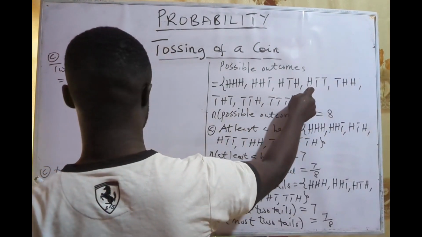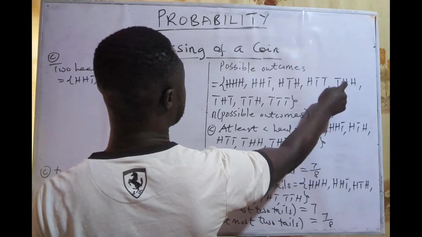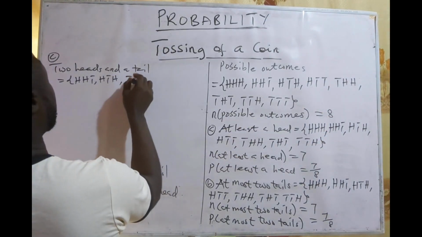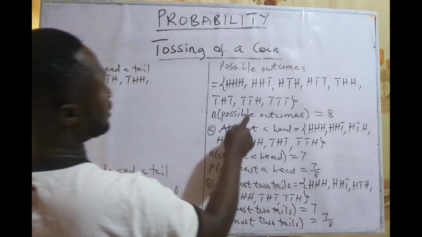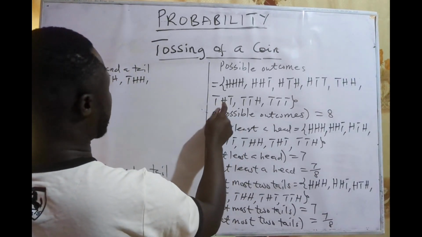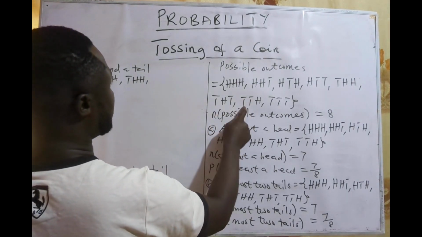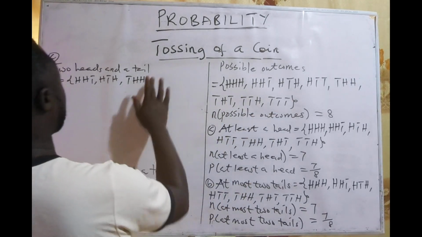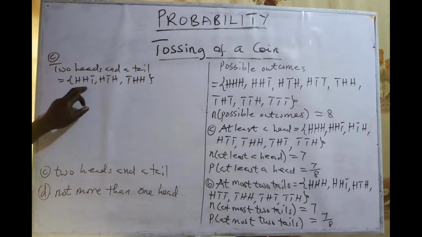Tail, head, head. 2 heads and a tail, yes. So this also qualifies because there are 2 heads here and a tail. Tail, tail, head. No, this is 2 tails and a head. Tail, tail, tail. No. So we have 3 as our 2 heads and a tail.